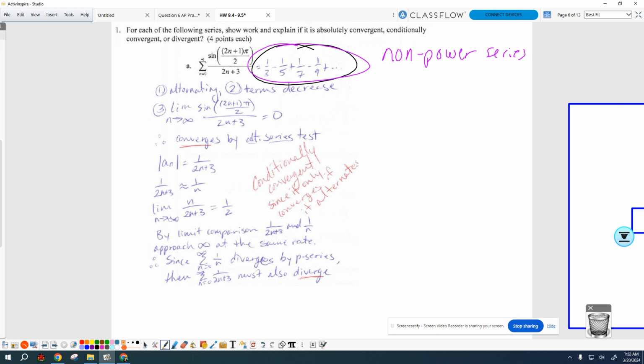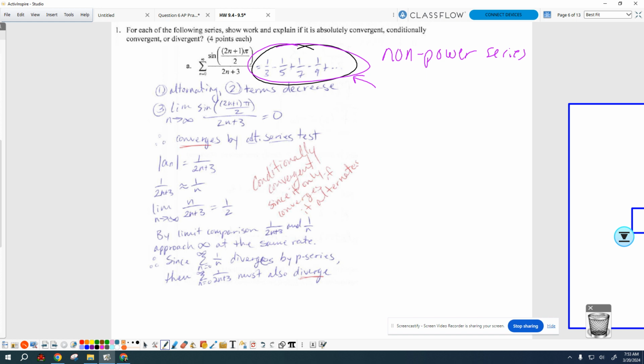So non-power series is just a string of numbers. Here's a string of numbers. Does it alternate? Yes. Do the terms get smaller and smaller? Yes. Does the last term go to 0? So with that, this converges by alternating series.